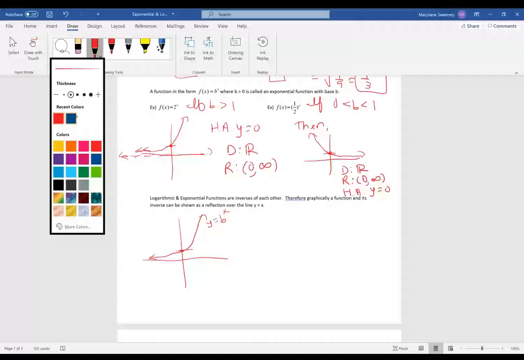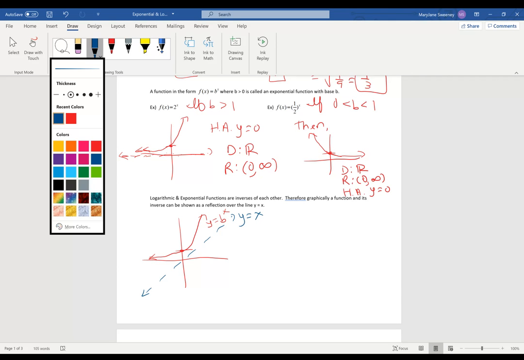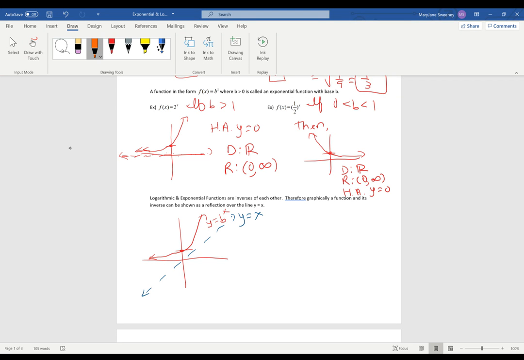Then if I reflect over the line y equals x, my logarithmic function will go through 1, 0 and look like this. This is y equals log base b of x.